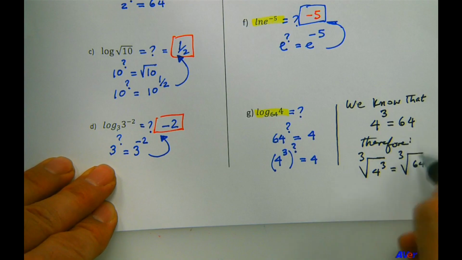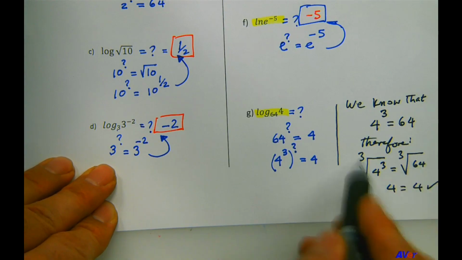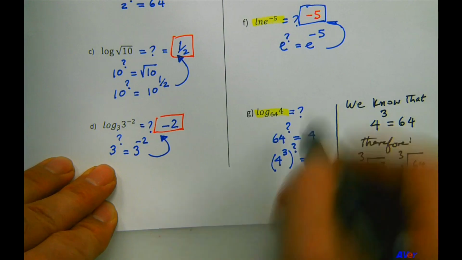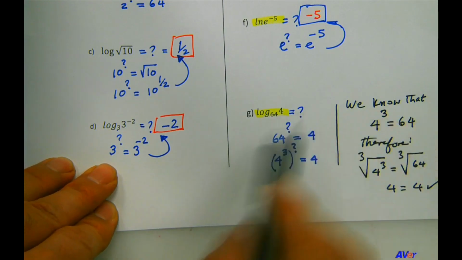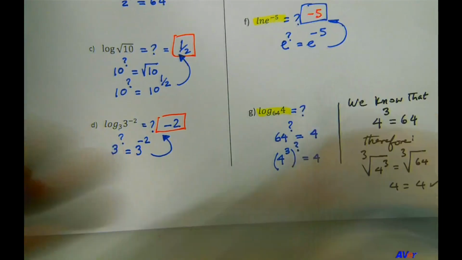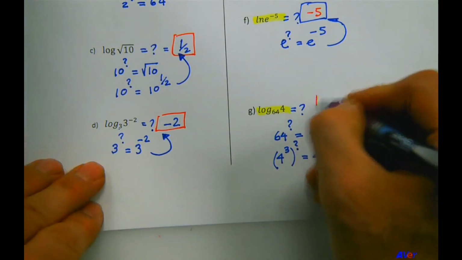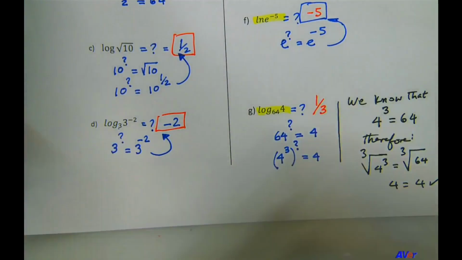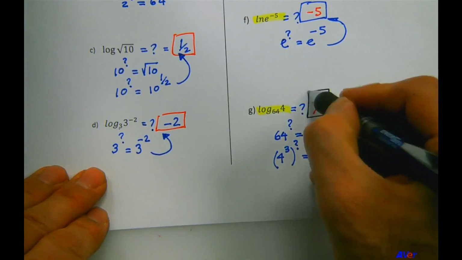Cube root of 64 is equal to that, 4. So the answer here would have been 1/3. So 1/3 here, like that.